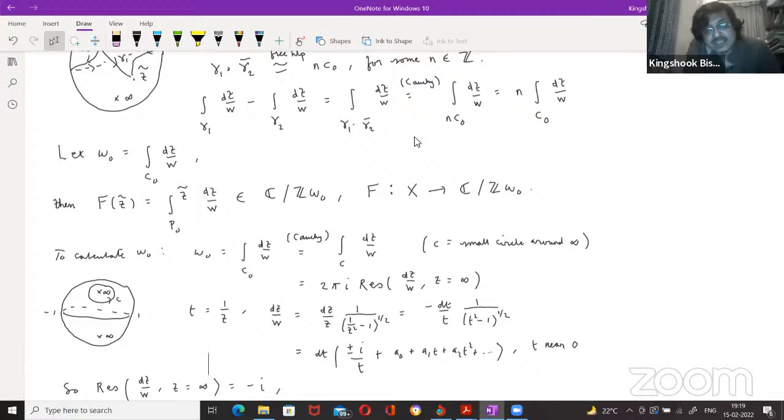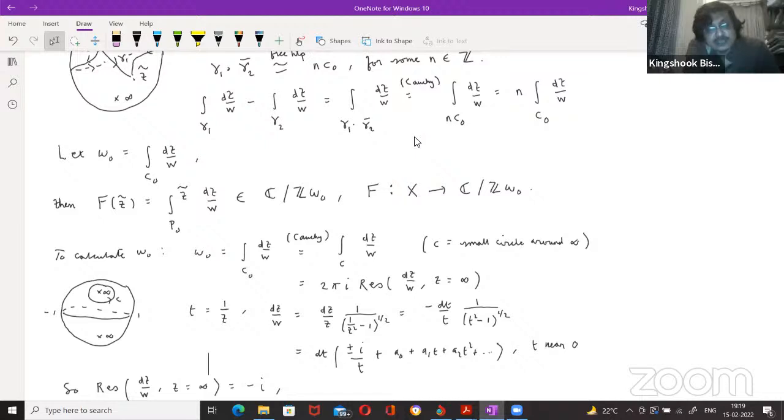I can think of this integral as taking values in the quotient group C modulo the subgroup Z omega naught, the integer multiples of omega naught. So this defines for me a map F from X to C modulo Z omega naught. All right.